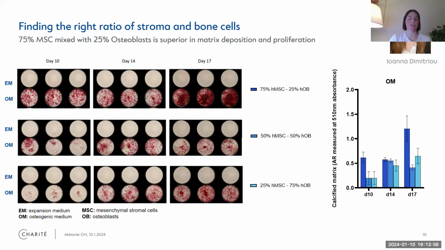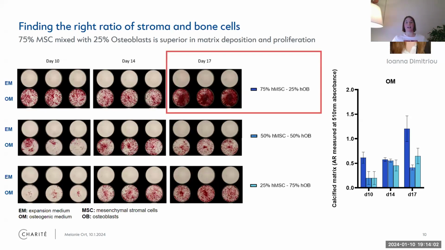She tested different media and different cell compositions, and showed that using 75% mesenchymal stromal cells and 25% osteoblasts, the bone-forming cells, if you mix them together, they make really nice matrix, which later can become tissue and then bone.